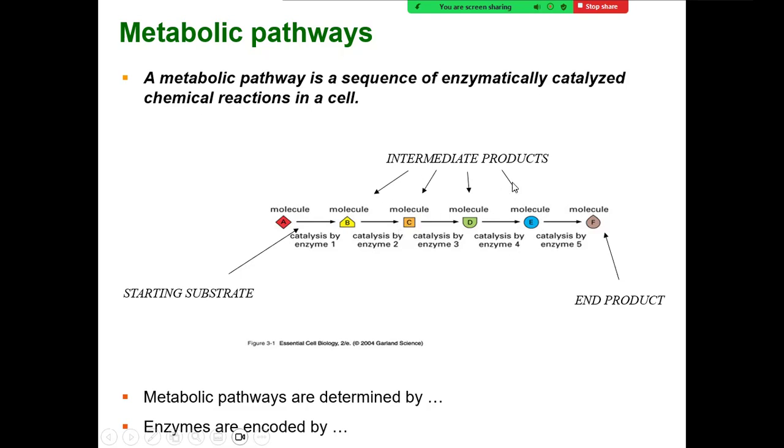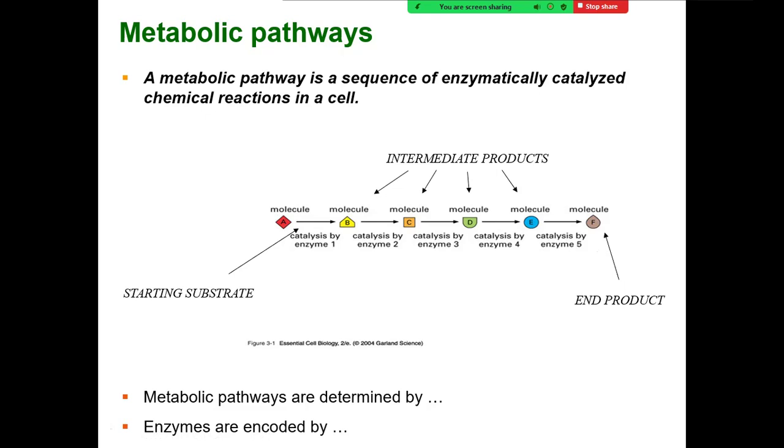And that's why they're called intermediate products. The last product is the only end product. And then molecule A is called the starting substrate or the starting reactant. Any question about any of that?